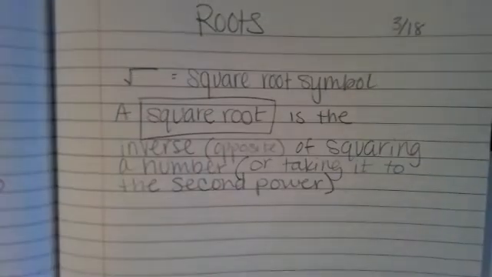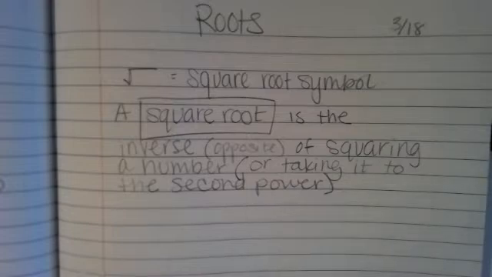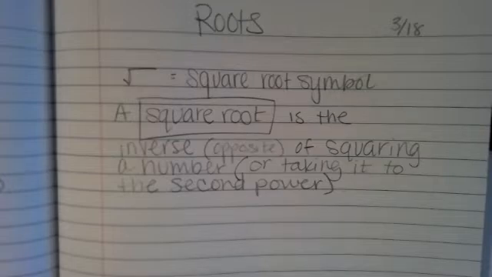So again, a square root is the inverse of squaring a number. That means that I am going to be undoing the number being taken to the second power. Okay, so when my exponent is 2, we call that squaring something.